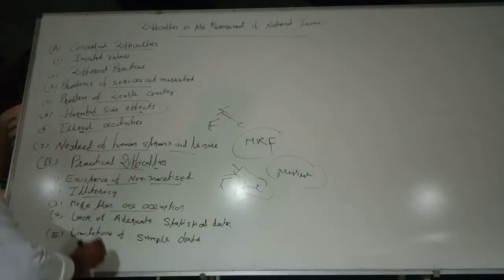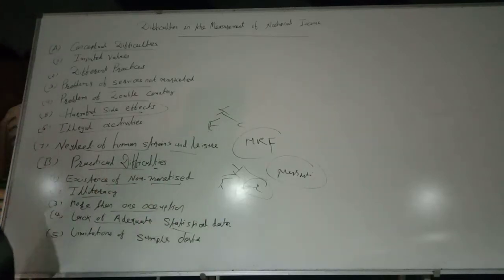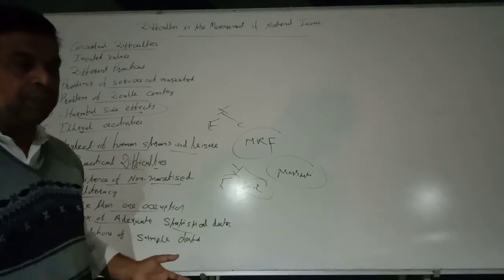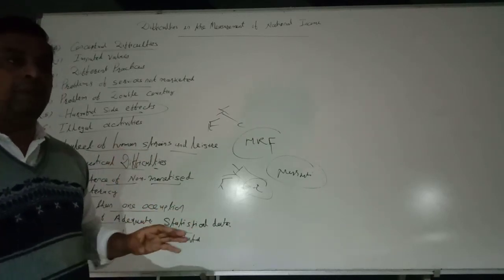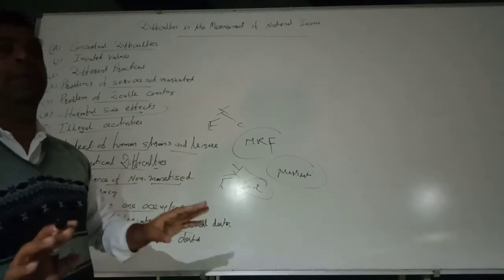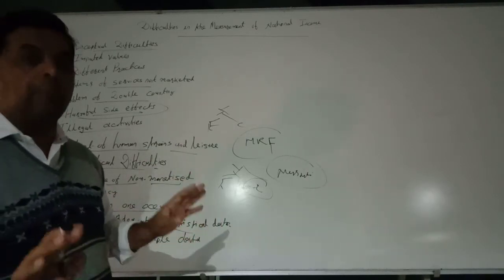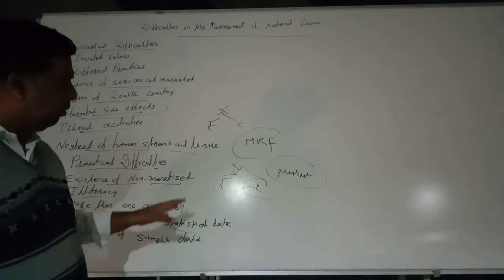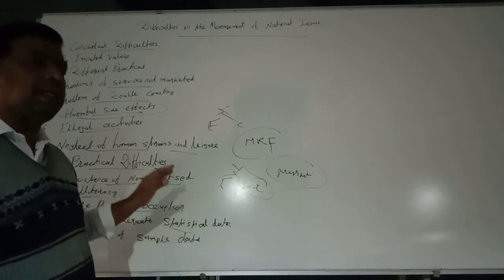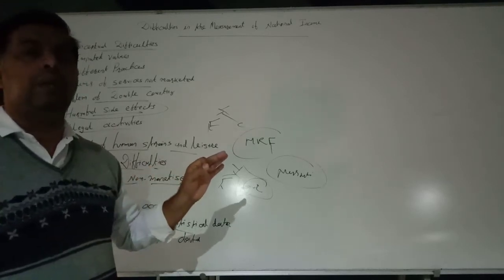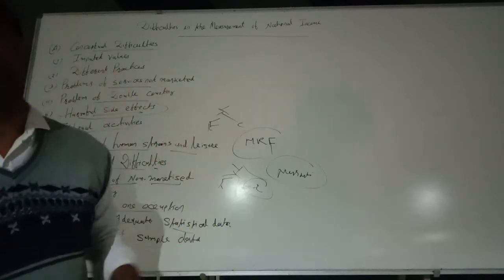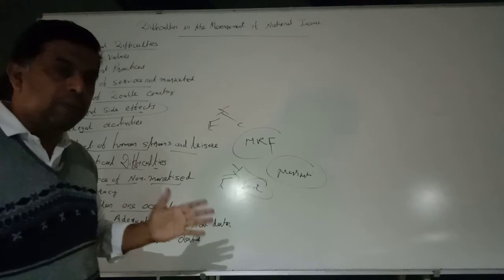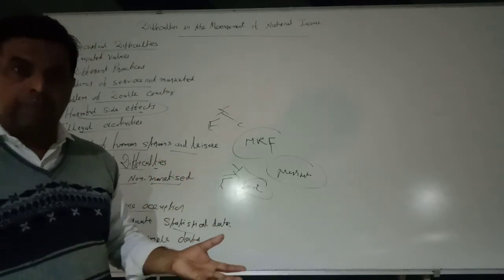Then lack of adequate statistical data. We have already discussed this point, that in countries like India, people do not keep their accounts in a proper manner. About 93% of the labor force is engaged in the unorganized sector. So in such a situation, how can you get data?